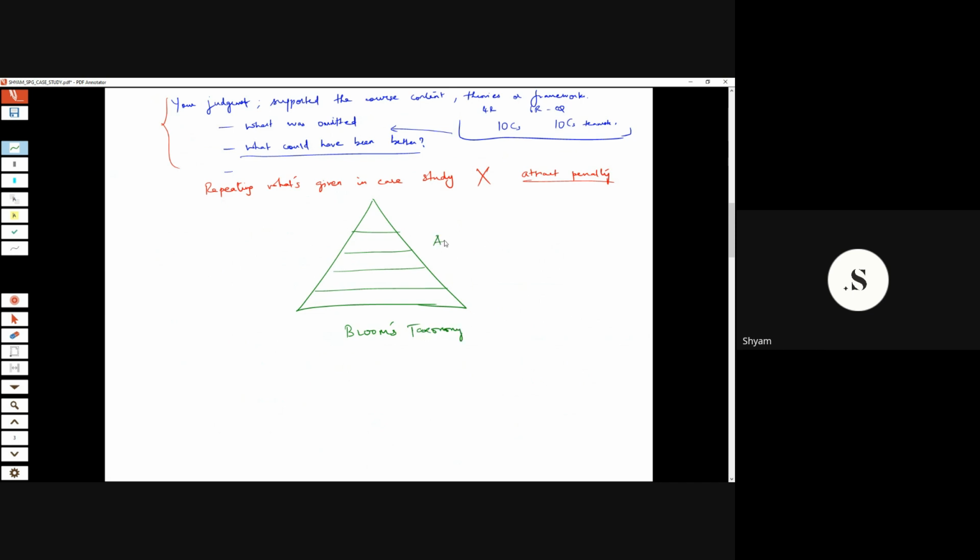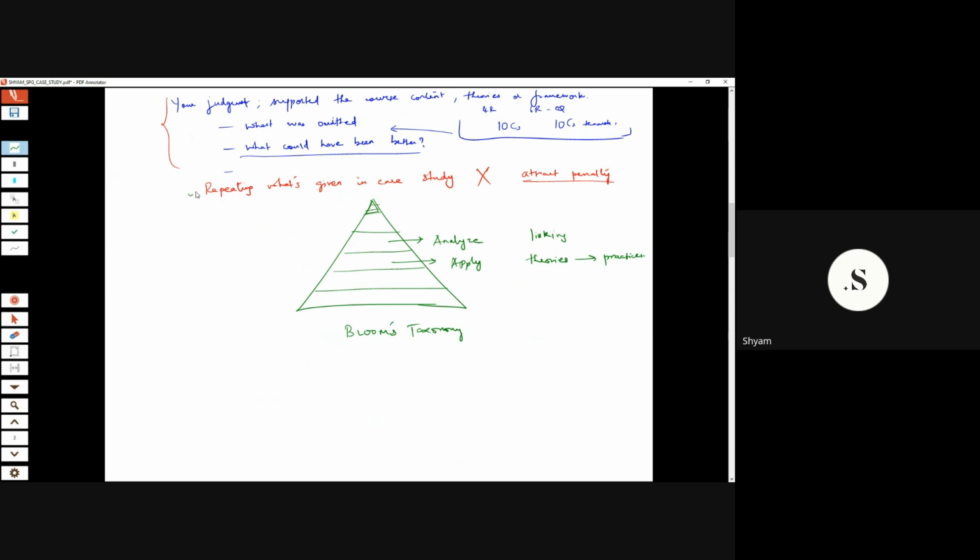You are required to analyze and apply. The higher order is to create something. Here, the case studies are majorly focusing on your ability to analyze and apply the theory and practices, linking theory to practices.